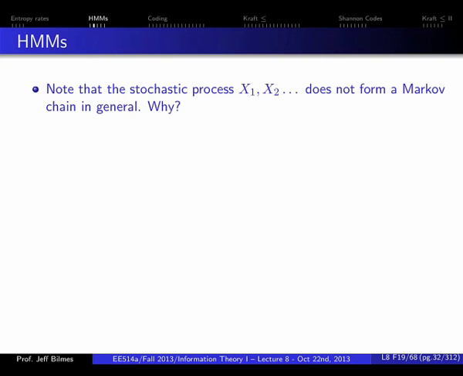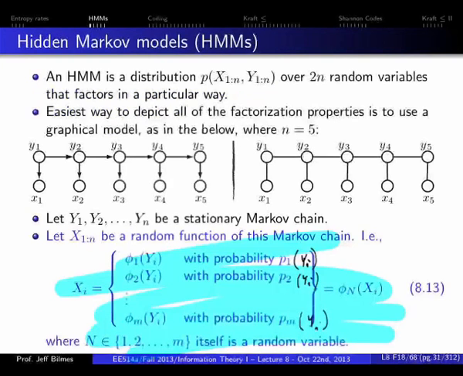So it's a stochastic process. We're thinking of just the sequence of x. It's a stochastic process, but it doesn't form a Markov chain in itself. Why is that? Because knowing x doesn't break the dependence. Let's go back to this picture.